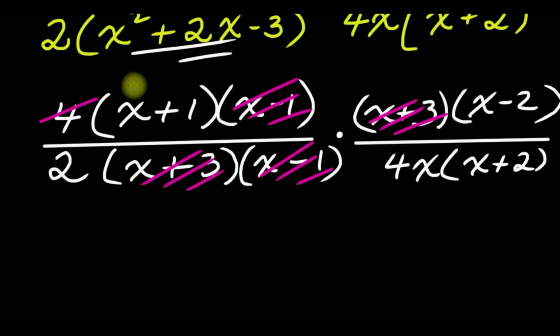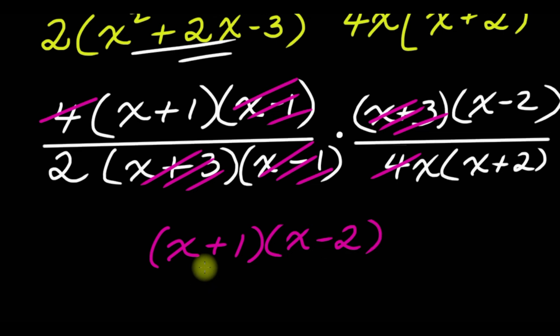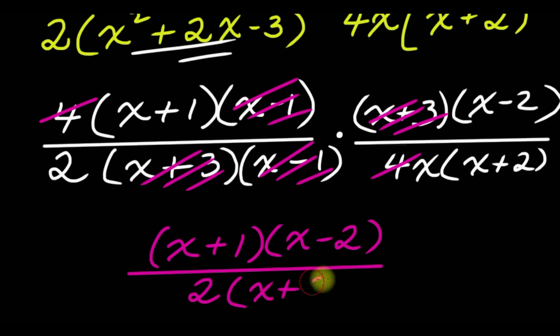Okay, and then the 4, you can cross cancel that with the 4 here. So your numerator, you're left with x plus 1 times x minus 2. And then your denominator, you're left with 2x plus 2. So it looks like there is nothing else that we can do to this, and this would be your final answer.